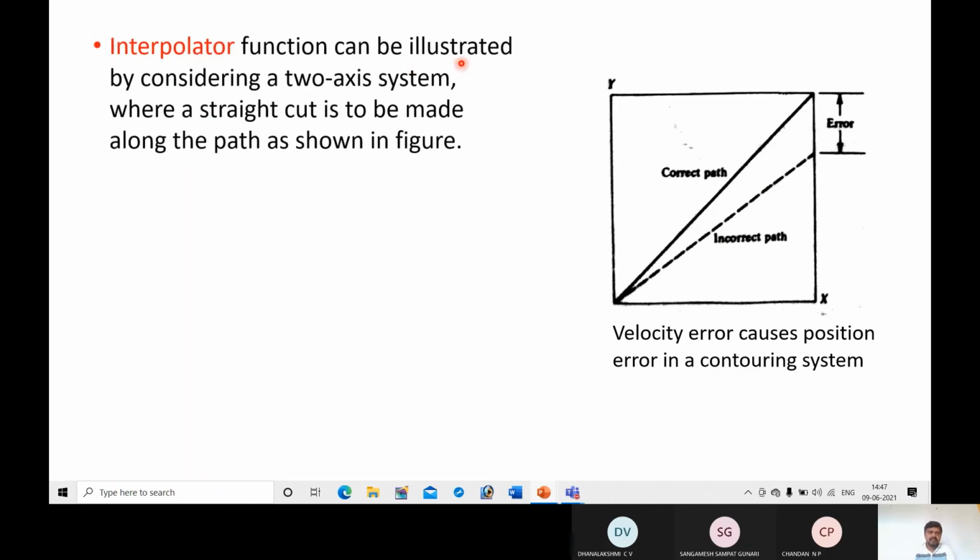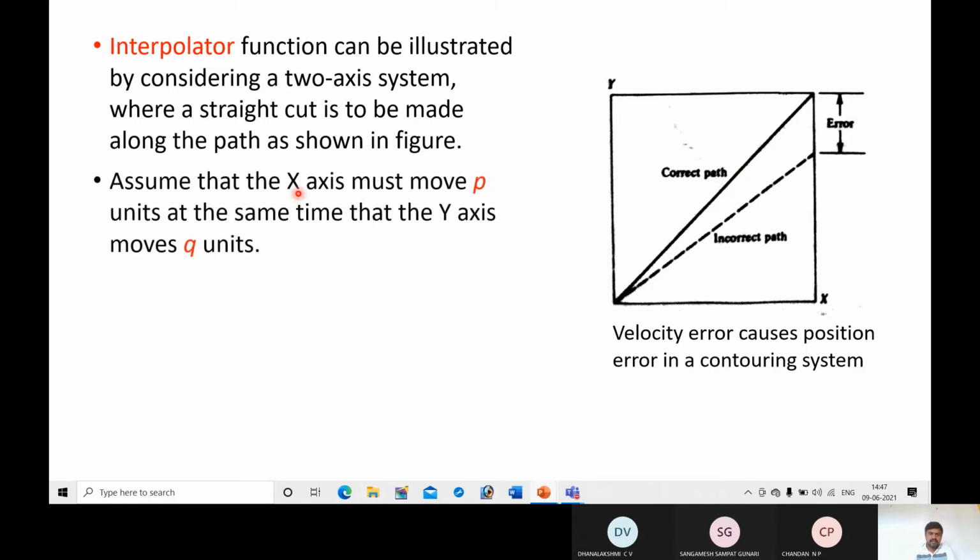Interpolator function can be illustrated by considering a two-axis system where a straight cut is to be made along the path as shown in the figure. This is the path along which a cut should be made. That means the cutting tool should travel in this path.